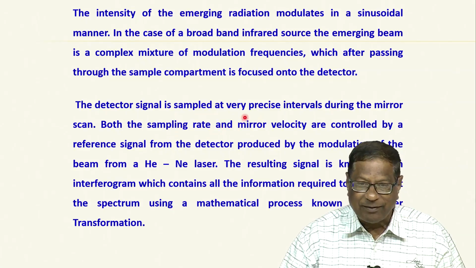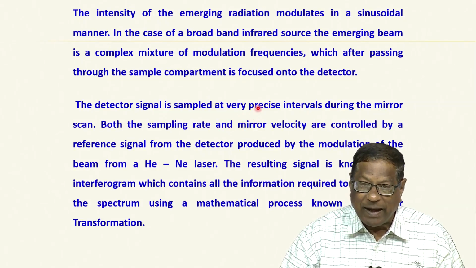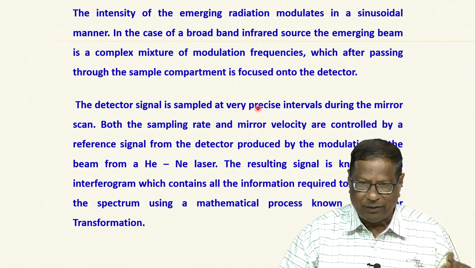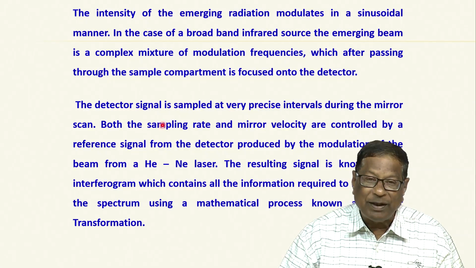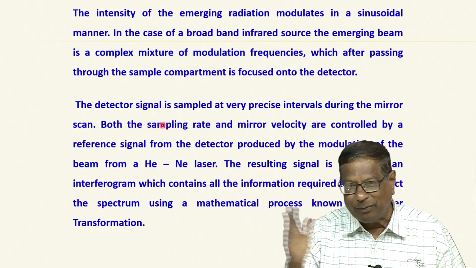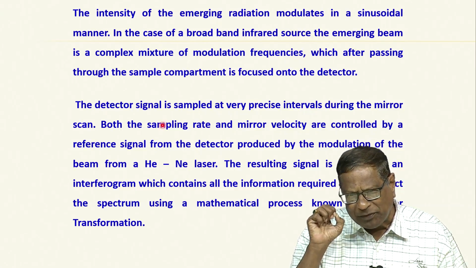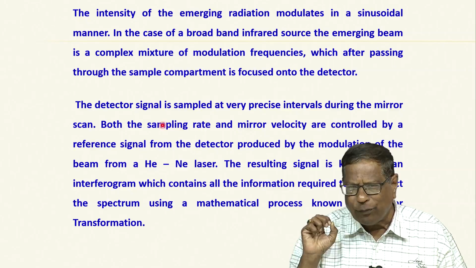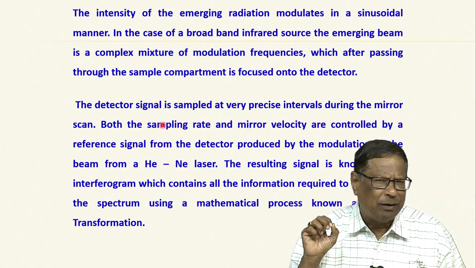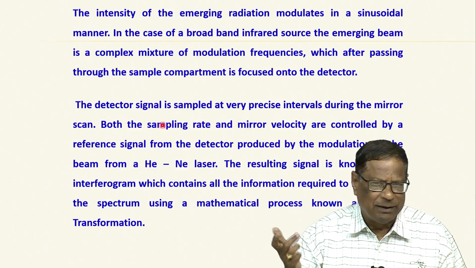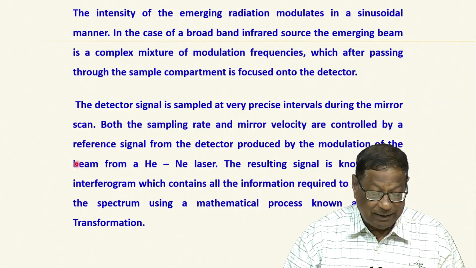So, the detector signal is sampled at very precise intervals during the mirror scan. When the mirror is moving, at that time a very precise movement of the mirror, of the order of about maybe 0.01 millimeter, is scanned like that.